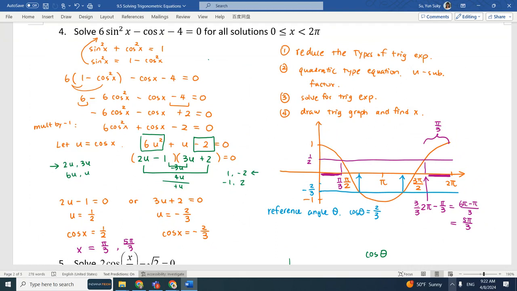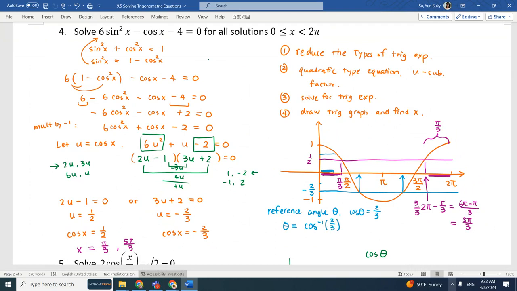Even though this number is negative, the reference angle theta will be positive 2/3. So this is the reference angle theta, and theta is then the arc cosine of 2/3.